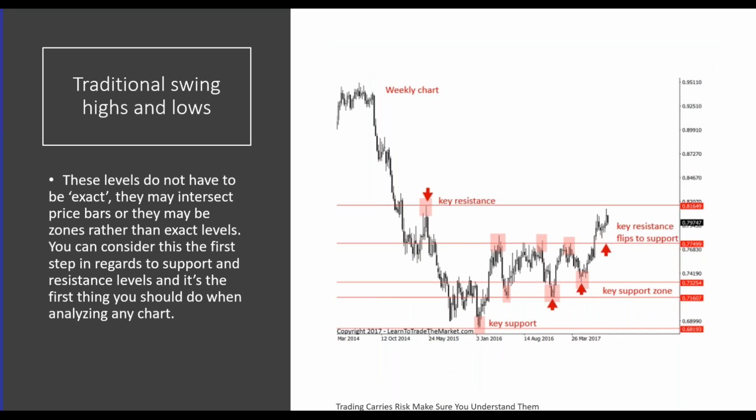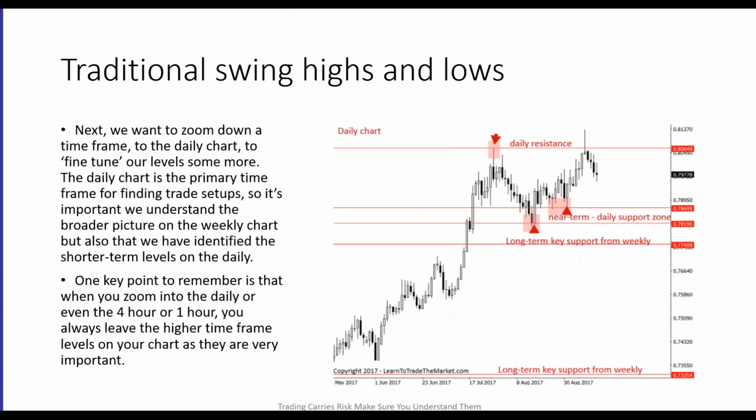Okay? But that number is just a zone. It's just an alert area, because these numbers are not definitive. They're not finite. They give you areas of information. They give you points that you need to be looking. So you consider this the first step in regards to support and resistance level. It's the first thing you should do when analyzing your charts.